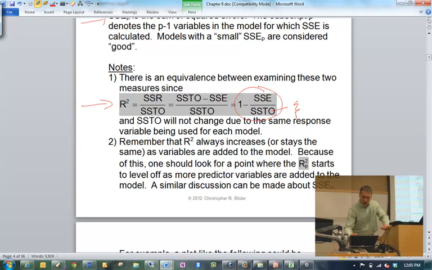The sum from i equal 1 to n, yi minus y bar squared. Will that change from one model to the next? No, because y bar is just the sample mean. None of the x's actually play a role. So the only thing that would change is SSE. And because of that, looking at large R squared or looking at small SSE is equivalent.